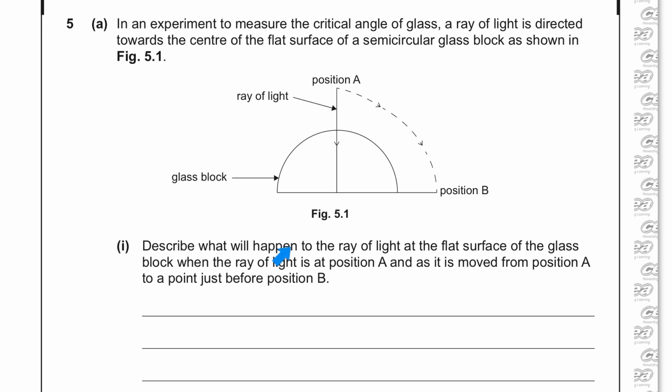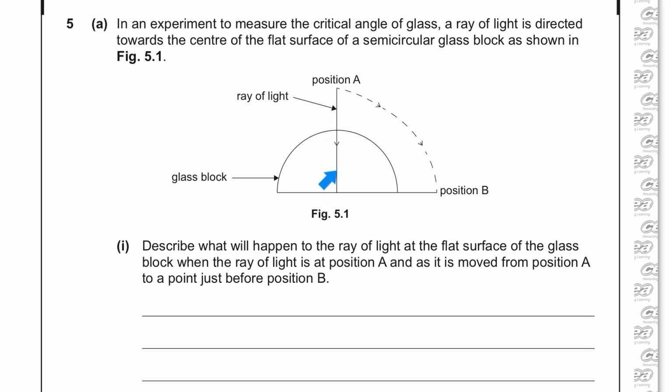So we're asked to describe what will happen to the ray at the flat surface of the glass when we move from incident ray at this position to incident ray all the way down here. So at position A here, we're coming in along a normal to this surface.